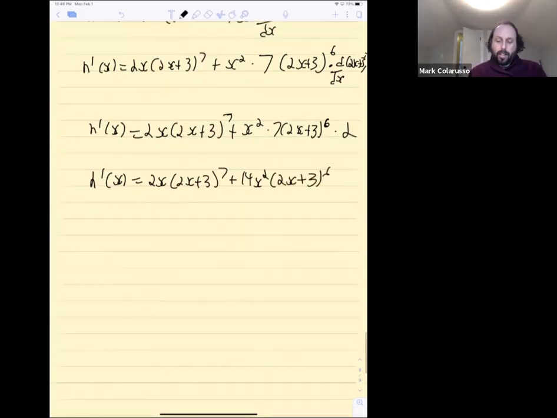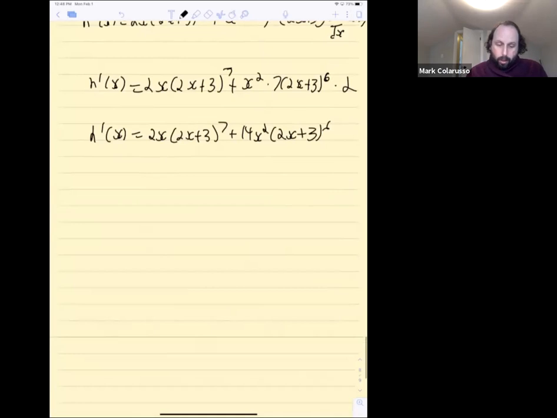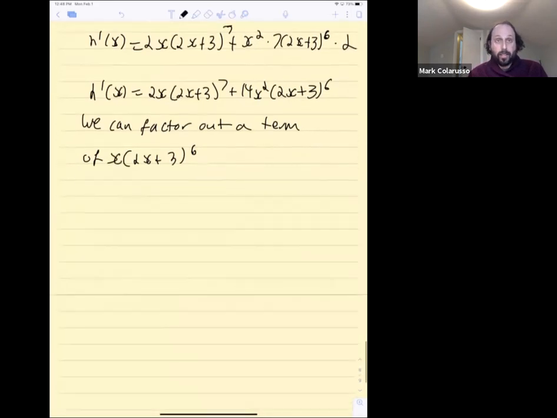And now you can factor out, let me clean this up a bit, a term of 2x plus 3 to the 6. And actually we can factor out not just 2x plus 3 to the 6, we have a common factor also of x. So x times 2x plus 3 to the 6.